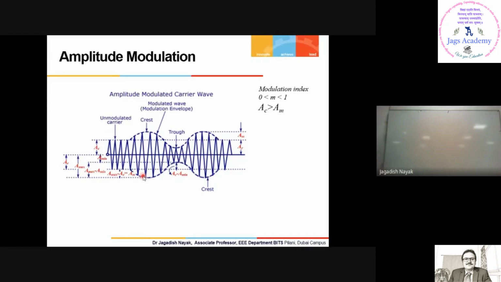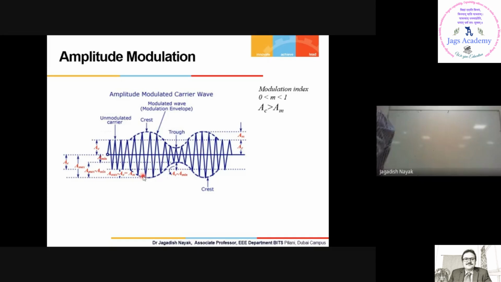If you look at this waveform, what suddenly comes into your mind is this distance and this distance, right? If you look at me, you see my belly first, right? Like that, in this waveform, this distance and this distance can be easily noted.